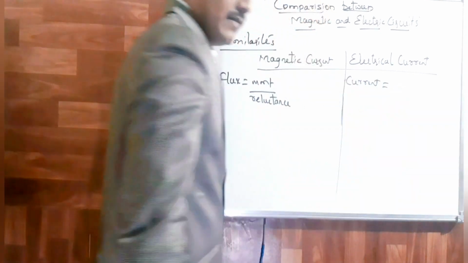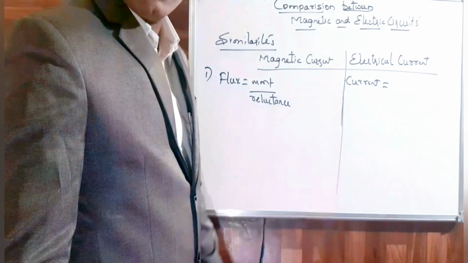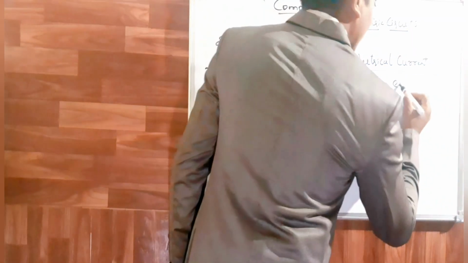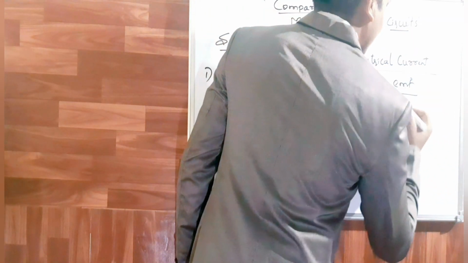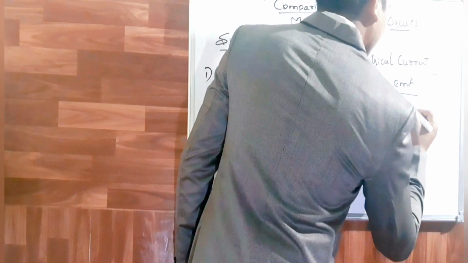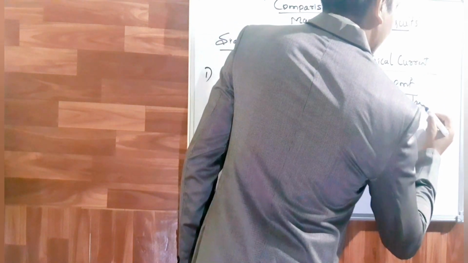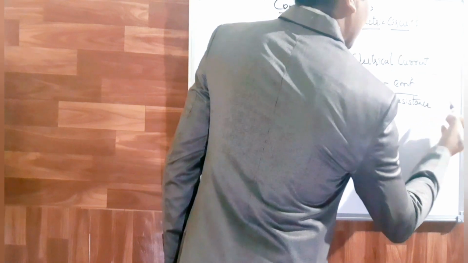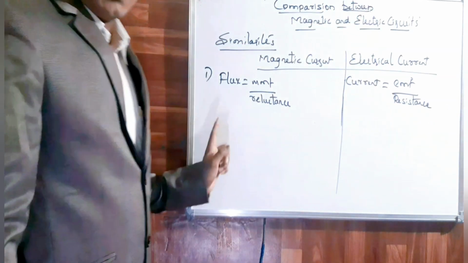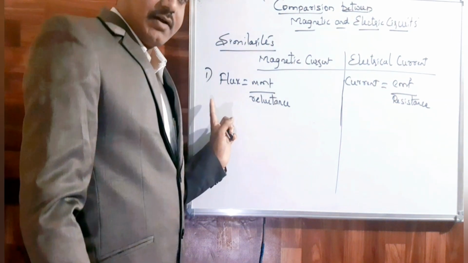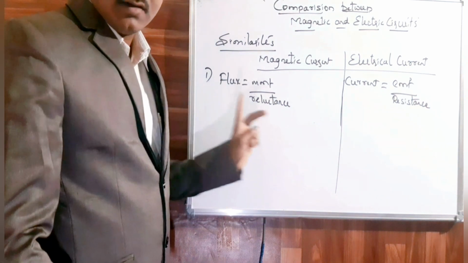Where we need to calculate the current, we have emf upon resistance. So this is the first similarity we come across in magnetic and electrical circuits.